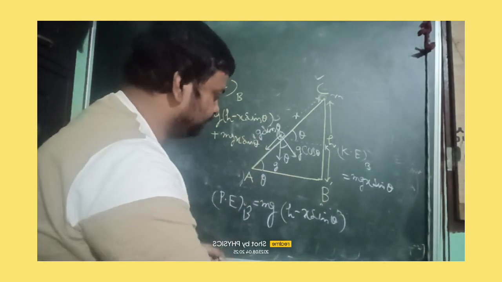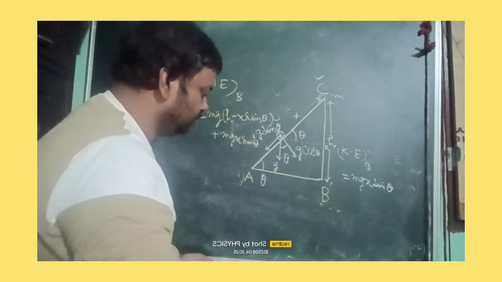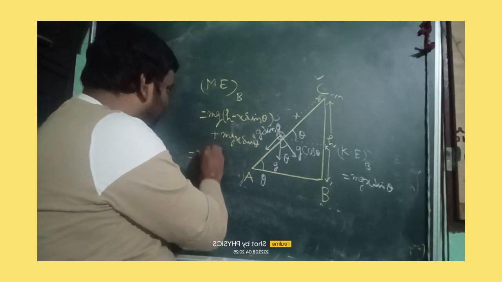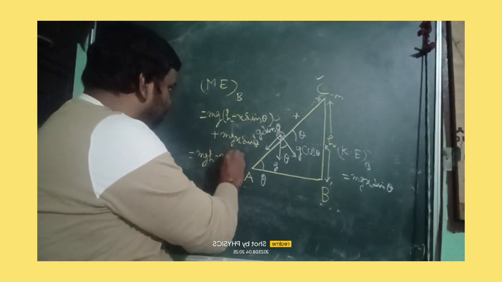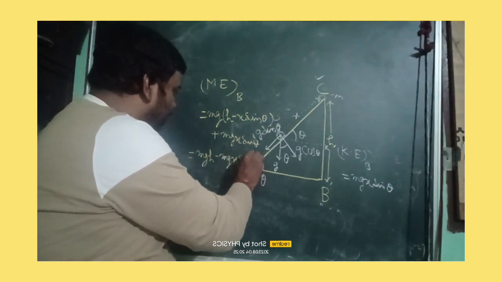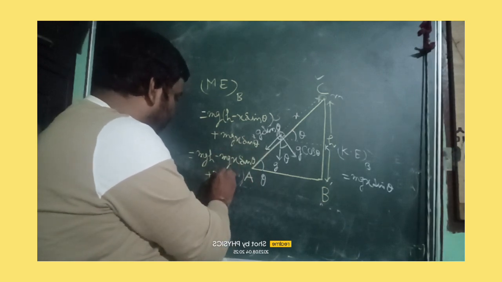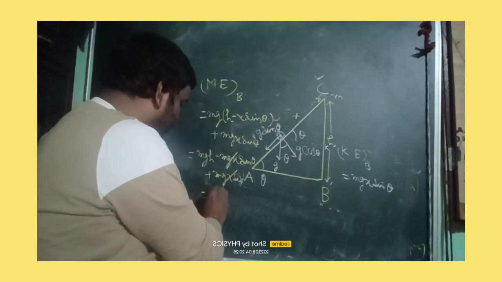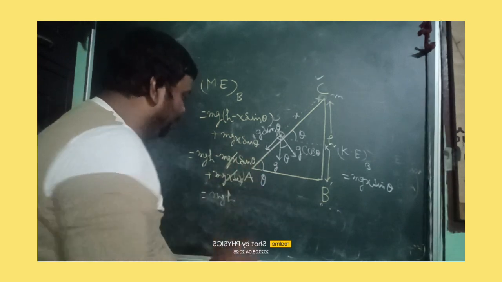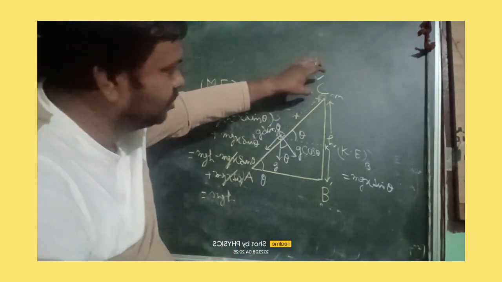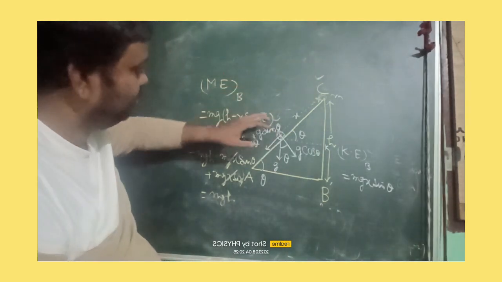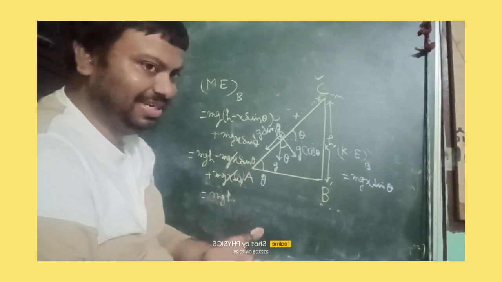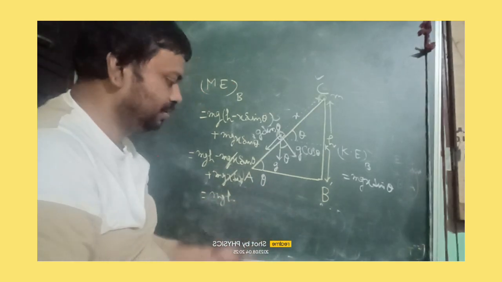So that is equal to mgh minus mgx sin theta plus mgx sin theta, that will cancel out, that is equal to mgh. So we have the potential energy at the point C is mgh, and at the point B the total is mgh. So throughout its motion, the total energy, that is the mechanical energy, is a constant.